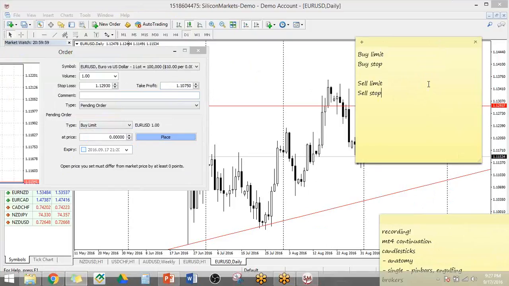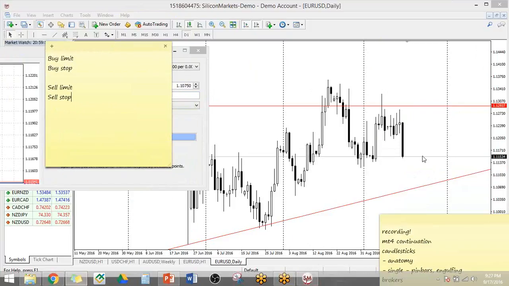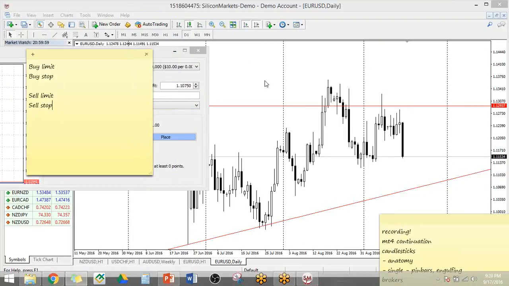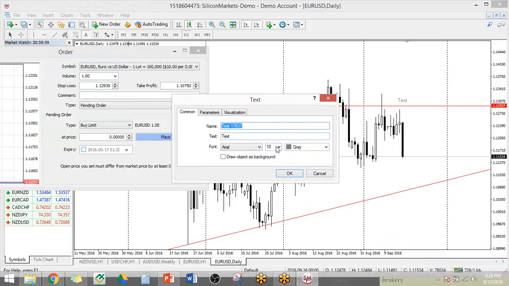So first, you have to identify what kind of trade you are making. Do you want to sell or do you want to buy? In this case, we want to sell at 1.1293. So we want to sell at that particular price.